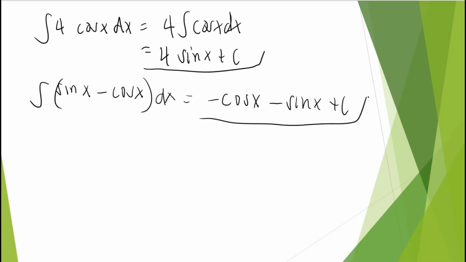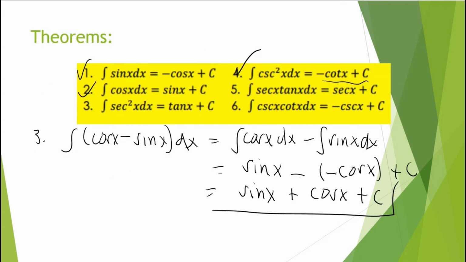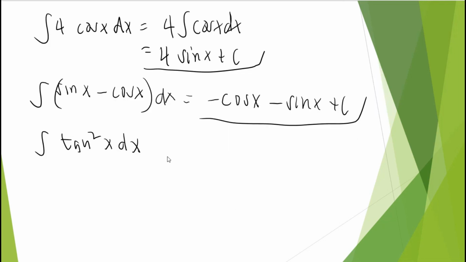Okay, last example. Let's say we have the integral of tangent squared x dx. This is also a unique problem kasi wala siyang tangent squared x na formula dito, no? So, like we did in the previous example, we get the Pythagorean identity of tangent squared x.